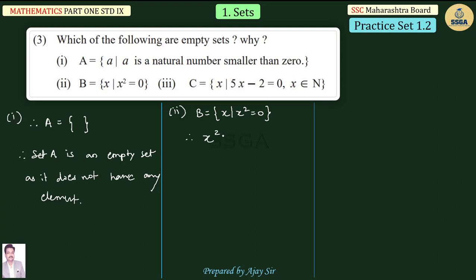So this is an equation, student. x square equal to 0 means x is equal to 0. So set B contains one element, that is x equal to 0. So this set B contains one element, which means it is a singleton set and it is not an empty set, student.